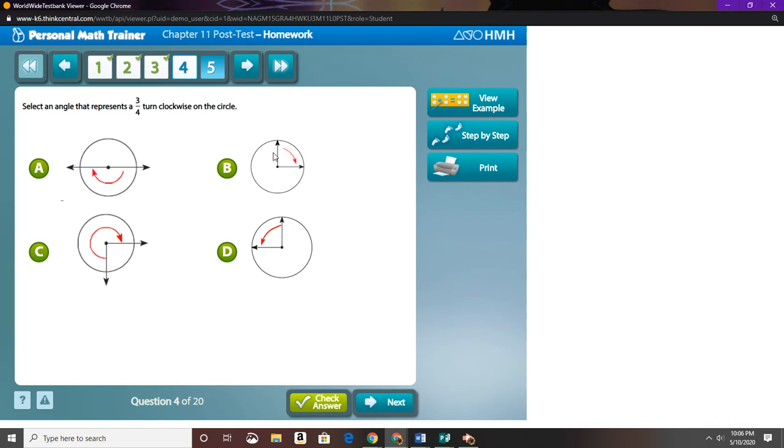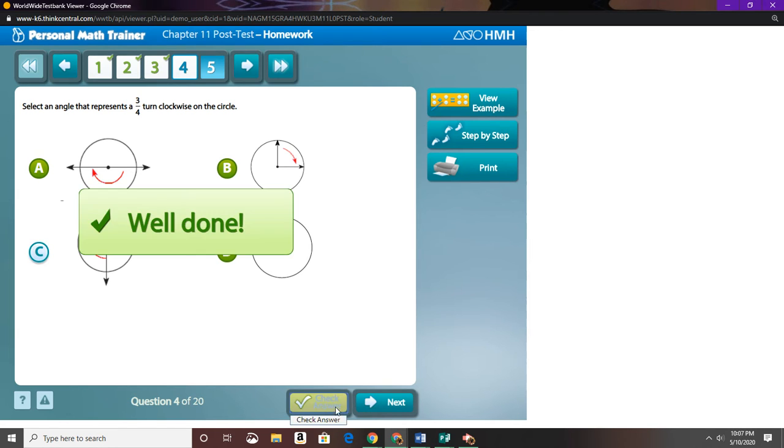So if we go 3/4 of a turn in a clockwise direction, well, that's only 1/4 of a turn, so it can't be B. A is a half a turn, but if I go from here to here, I've gone 3/4 of the way around the circle. I've done that in a clockwise direction, so that's going the way the clock hands would go. So C is my correct answer there.